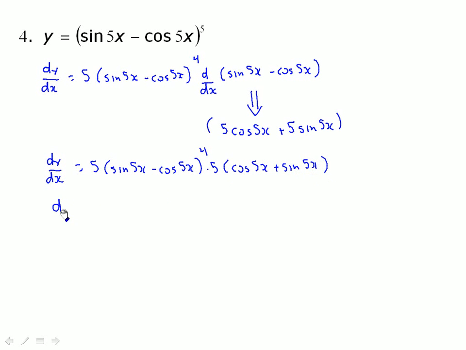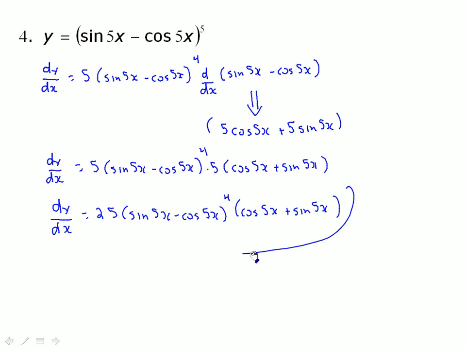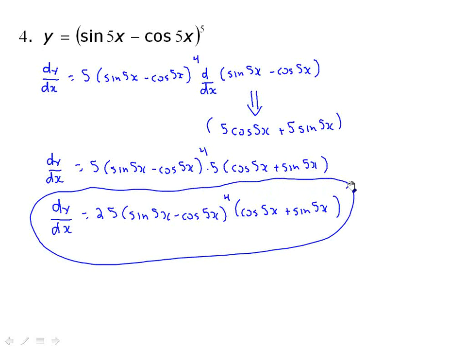So dy dx, now 5 times 5 is 25, and then sine of 5x minus cosine of 5x to the 4 multiplied by cosine of 5x plus sine of 5x. And there we have it. Okay, so that's number 4.